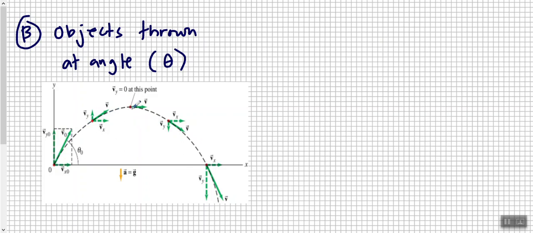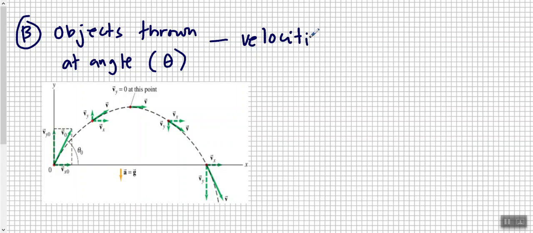You would notice that when the object reaches its maximum height, the velocity y becomes 0, but then there's still the horizontal velocity. You would also notice that the horizontal velocity stays constant. So objects that are thrown at an angle give us a combination of velocities.